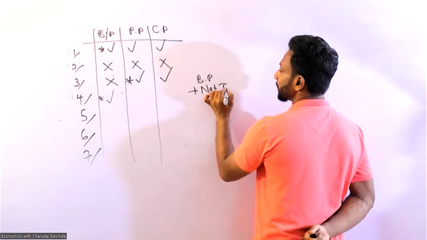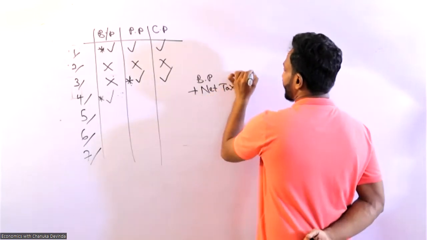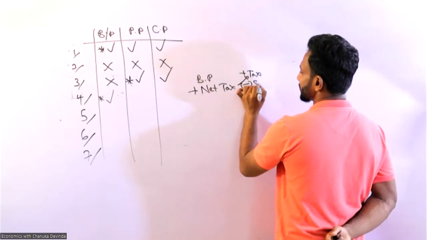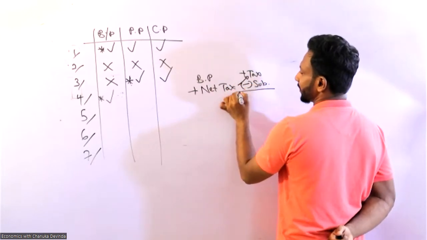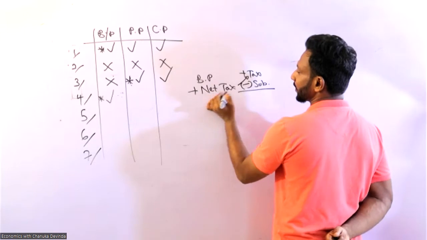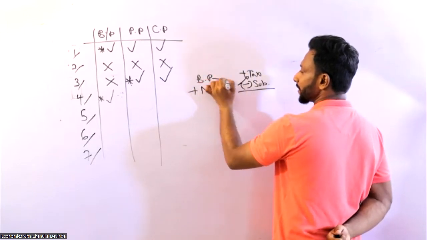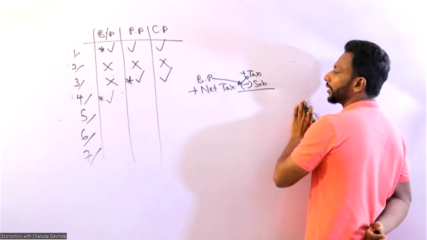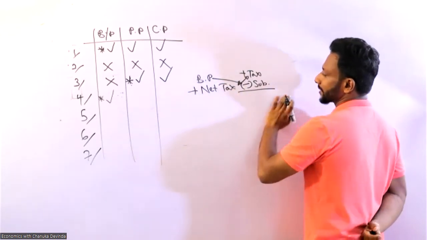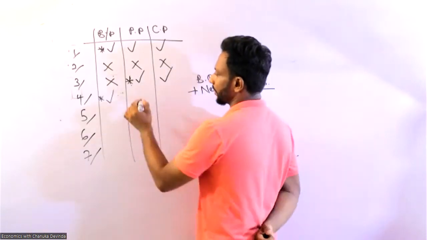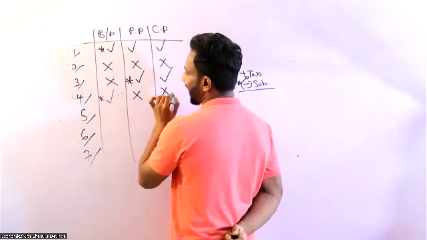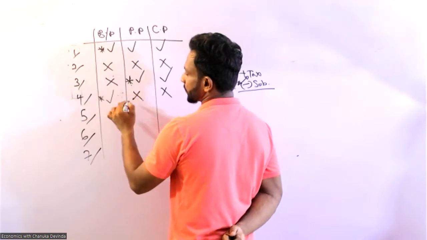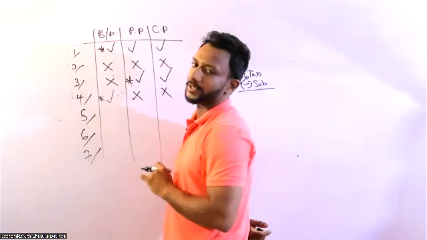Net tax means tax added, subsidies deducted, right? That's how net tax is added. So the subsidy is already in the base price, but here it was deducted, and after all of these prices, subsidies are not there, because it was deducted when it transferred into producer's price. So it is included only at base price.